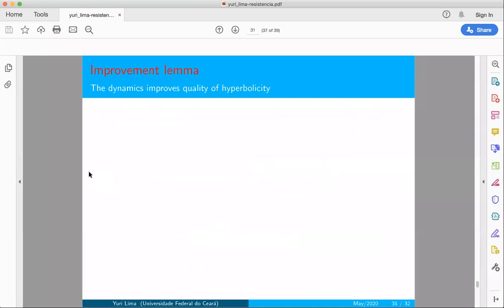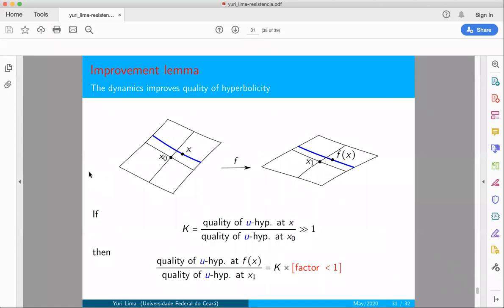And this is better explained with the following picture. So imagine that you have two passing charts, one centered at x0, another centered at x1, and you have a point x inside this passing chart on which you have an unstable manifold here. And the image of this unstable manifold is another unstable manifold passing through the point f of x.